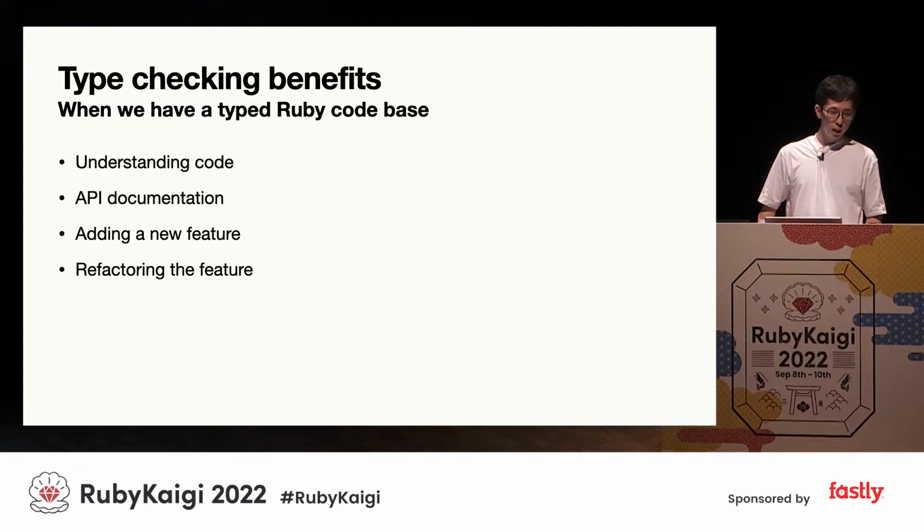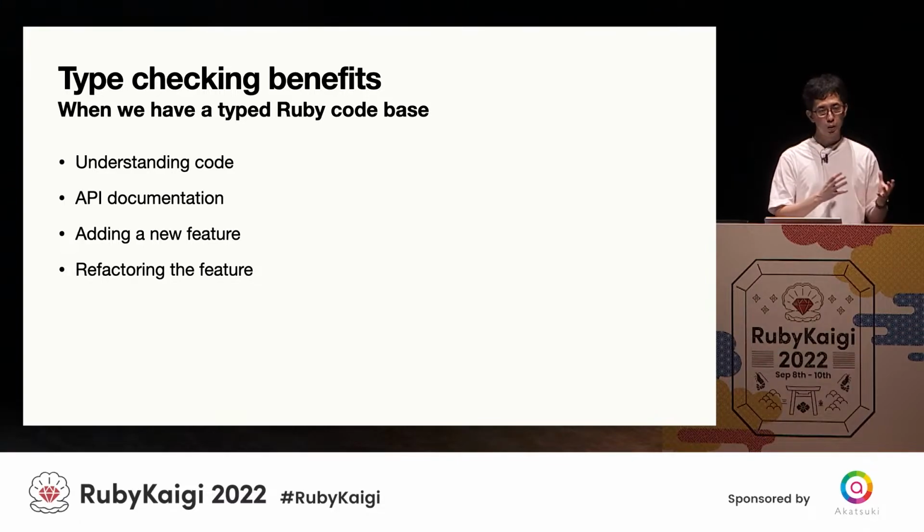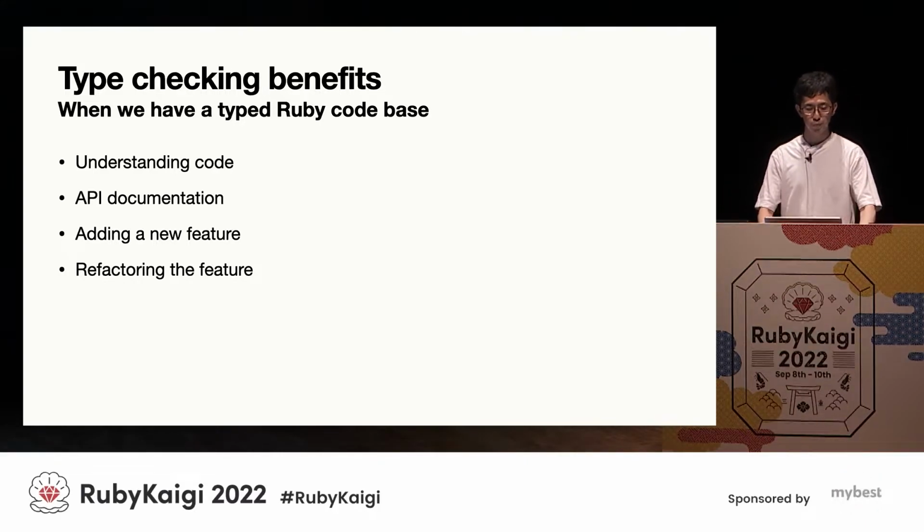So I want to start introducing the benefits of type checking. A typed Ruby code base means a Ruby code base that is type checked with Steep or some type checker, and it has RBS definitions of each class, each method, each module.